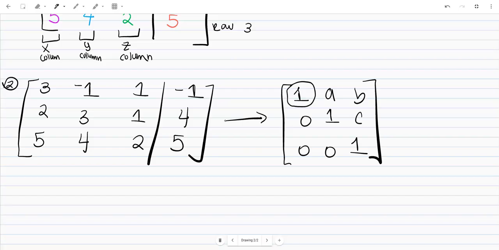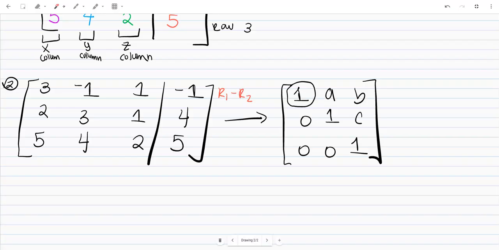But one thing we can do is use row 2 to help us manipulate row 1. An easy way to do this is, how do I use 3 and 2 to turn it into 1? Well, I can subtract 2 from 3, so I can do row 1 minus row 2. So my new row 1 will have row 2 subtracted from row 1.